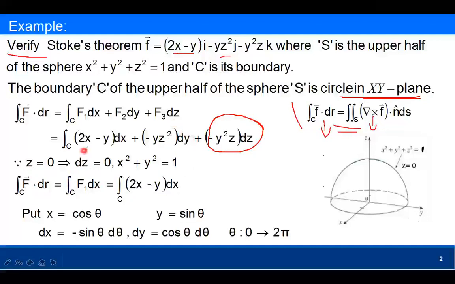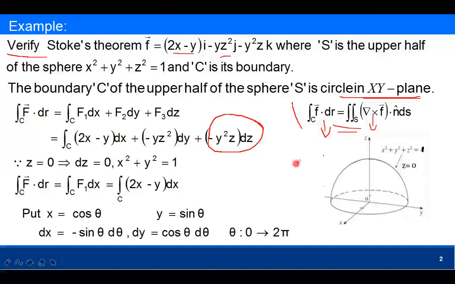Therefore integral of (2x − y) dx over the curve C. Now we have to simplify this. For this we have to convert it into parametric form. Generally in case of a single integral we convert it either in terms of x, or in terms of y, or in terms of a parameter theta or t. The parametric form of a circle is x = a cos theta and y = a sin theta, where a is the radius of the circle.